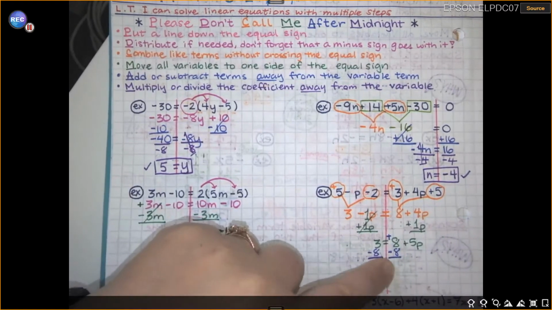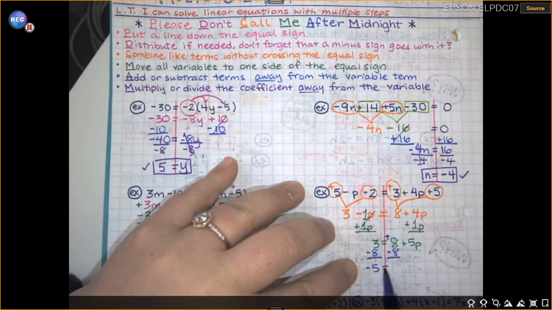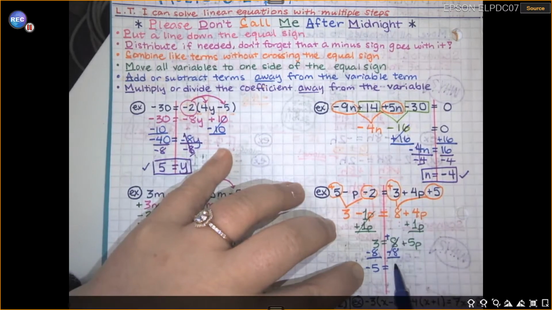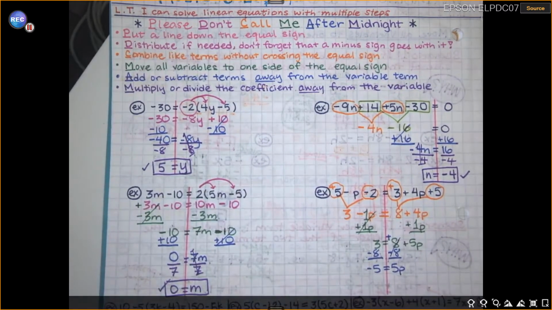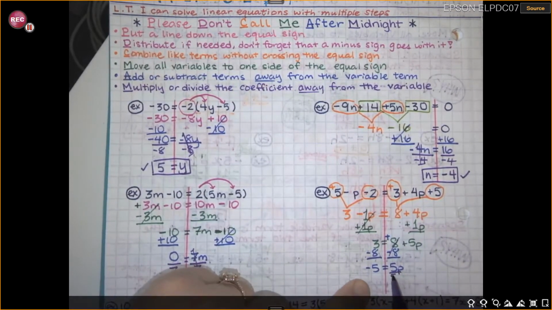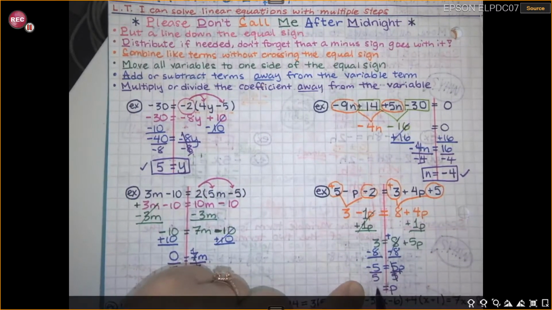Okay, and you're seeing the step on both sides. 3 minus 8 is negative 5 equals, that goes away, right? 8 minus 8 is 0. So just 5p. And then the last step, since it's 5 times p, we're going to divide by 5. Leaving p alone on the right, and then negative 5 divided by 5 is negative 1.